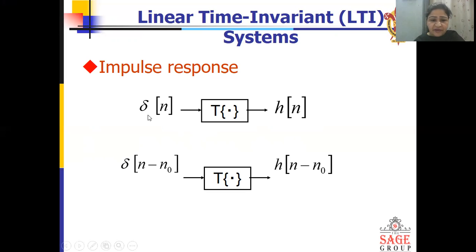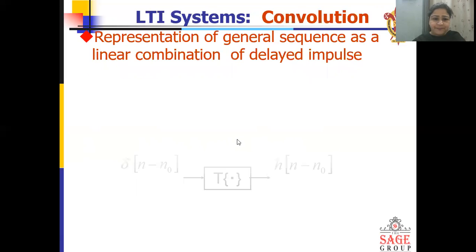If I give input delta[n], the output we know is h[n], which is known as unit impulse response. Now, if I delay delta[n] by n naught, then because the system is time invariant, the output will also be delayed by the same amount n naught. So delta[n minus n naught] should give h[n minus n naught].